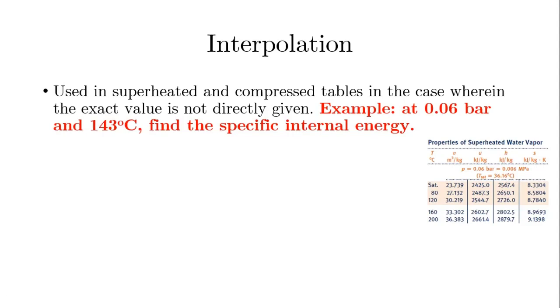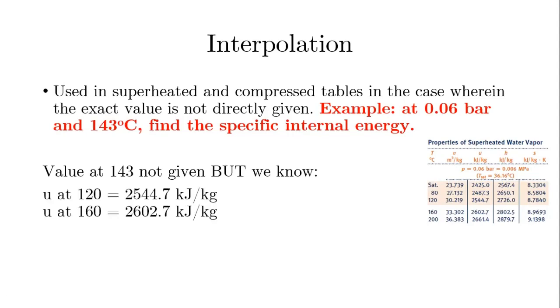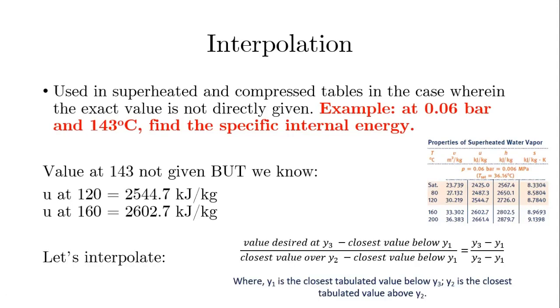based on 143, what the U should be. The value at 143 is not given, but we do know the U at 120 and the U at 160. So we're going to do interpolation, and this is the equation for interpolation, which again is just the point slope formula.